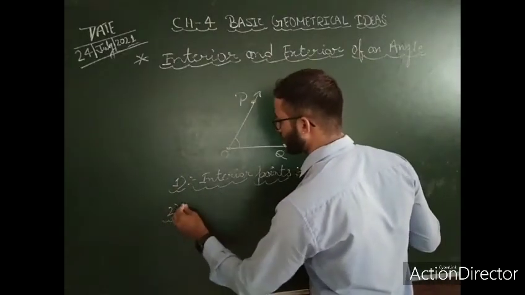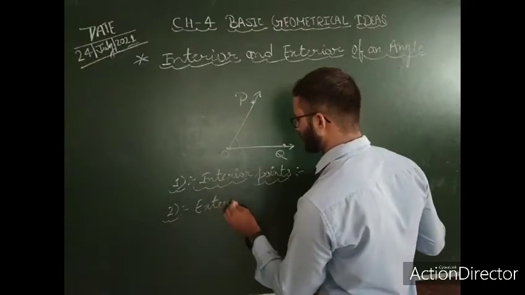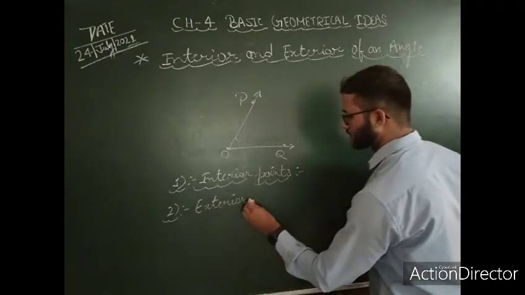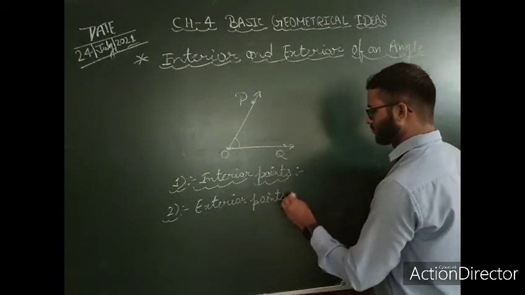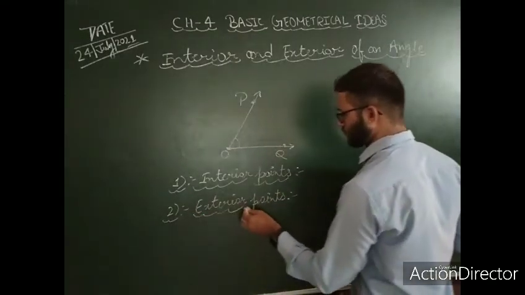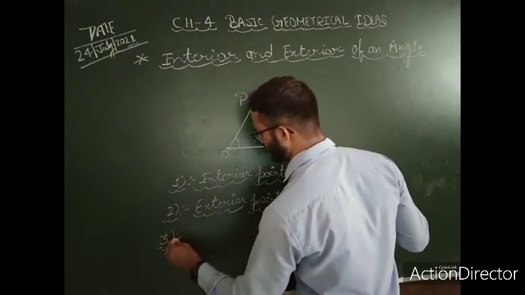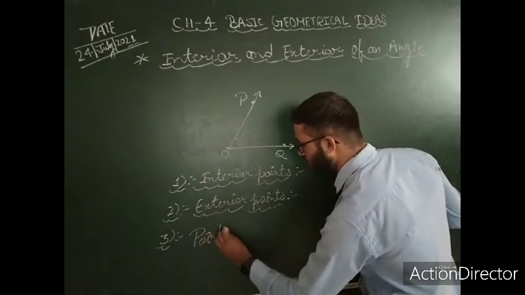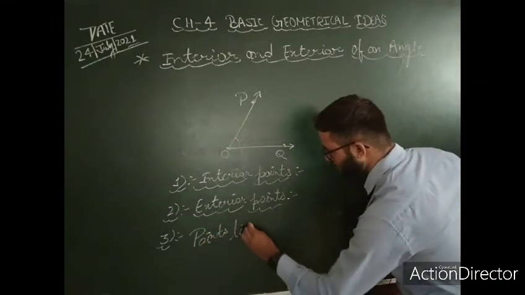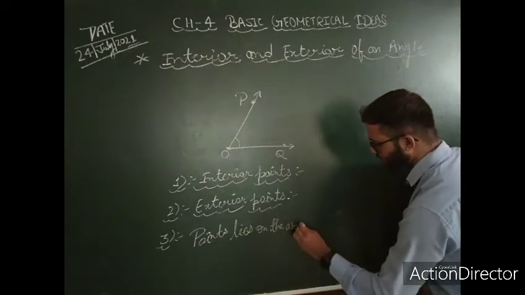Second, exterior points. And third one is points that lie on the arms.